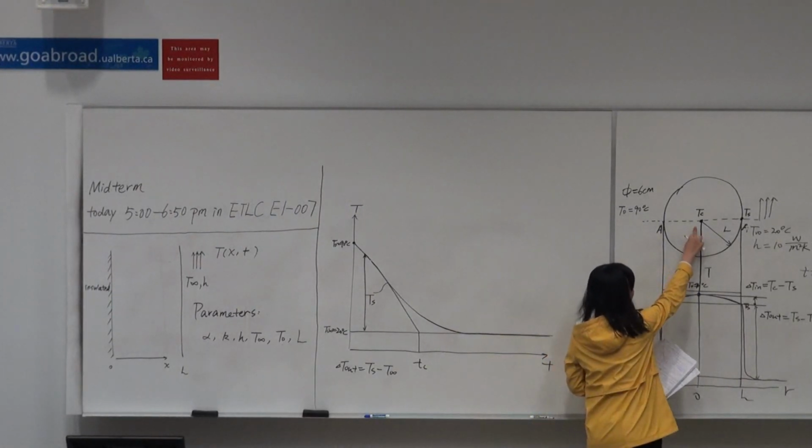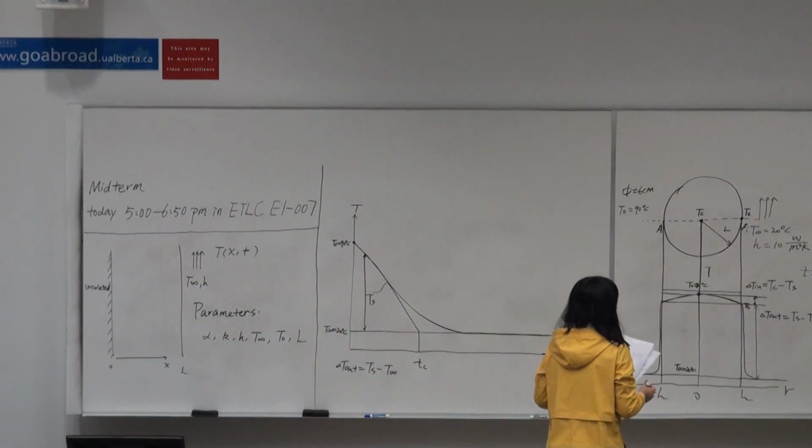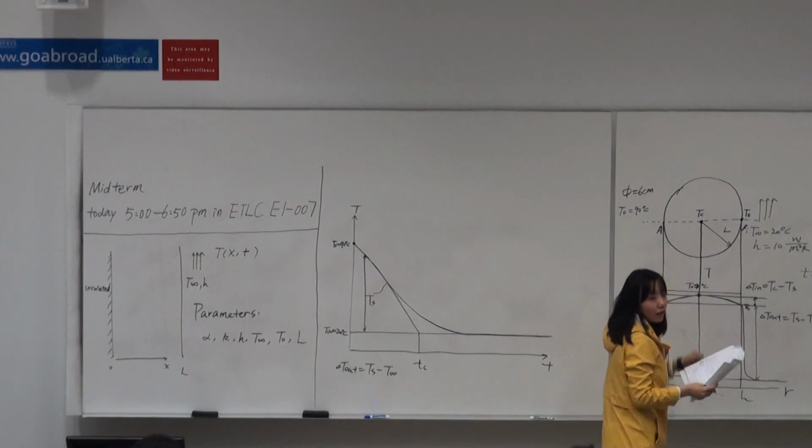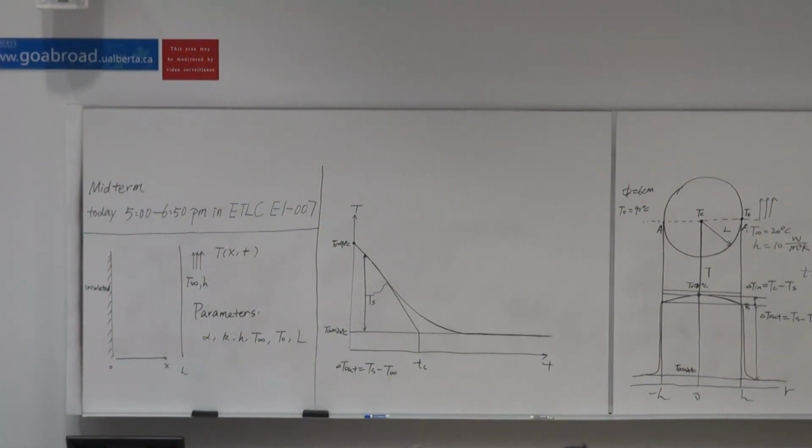Now we already have the temperature evolution for the surface. How about the center? Based on the temperature evolution of the surface, how can we build up the temperature evolution for the center?